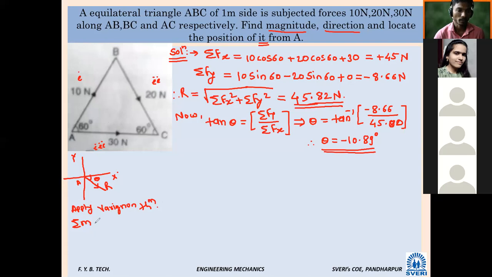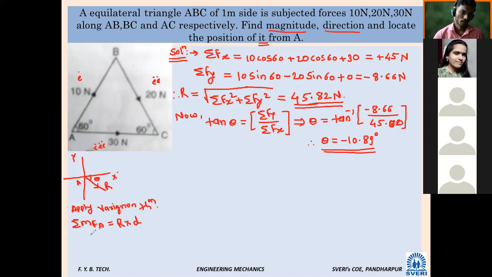Summation of moments due to all forces at point A is equal to the moment due to the resultant at point A. The resultant is with us, and this is the distance.